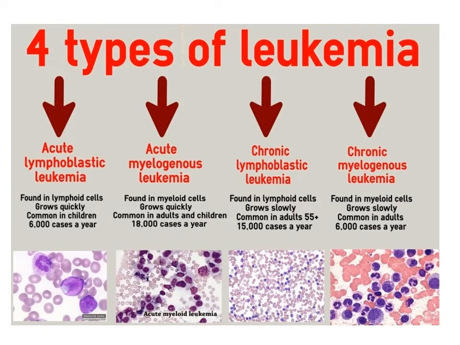Okay, I'm not going to spend too much time on this slide. This is just to let you know that there's acute types of leukemia, which can be very aggressive. Luckily, the first one, ALL, which occurs in children, is now very treatable with a fantastically high cure rate.